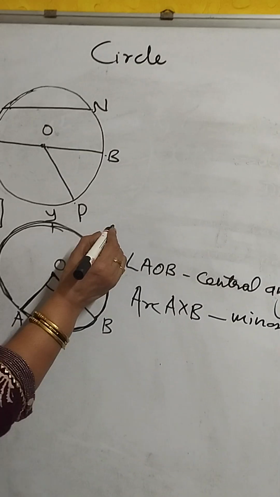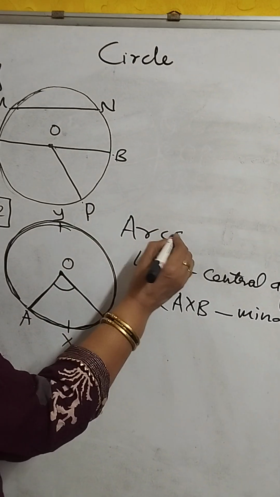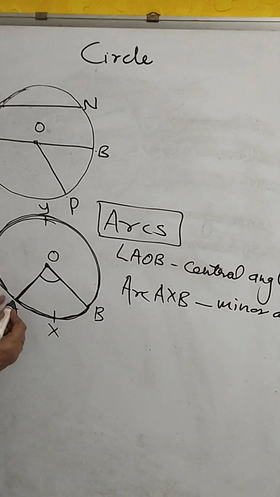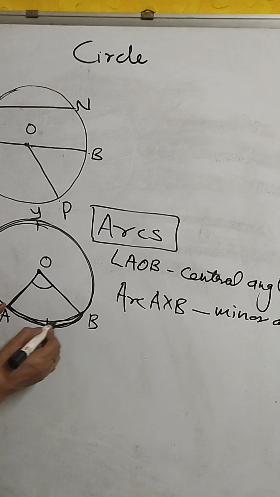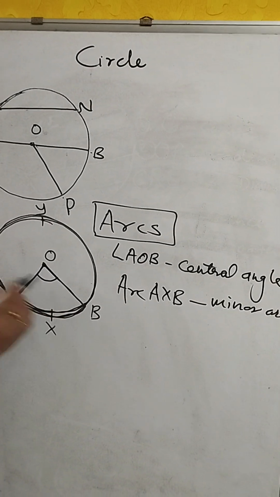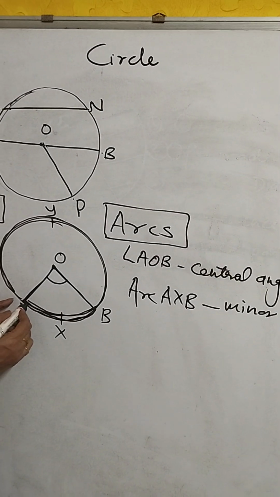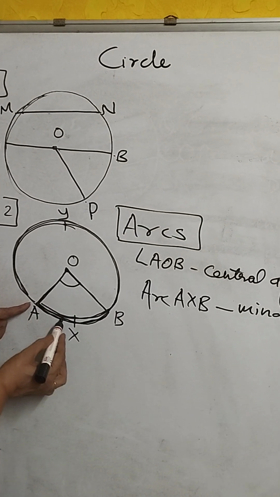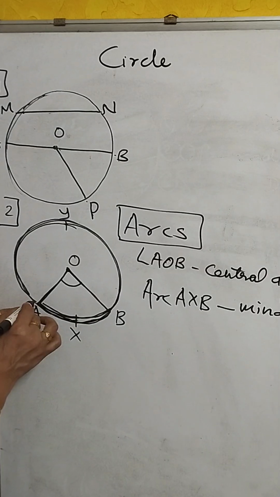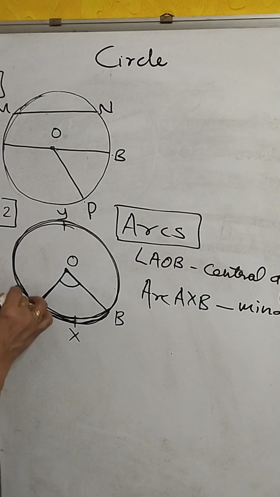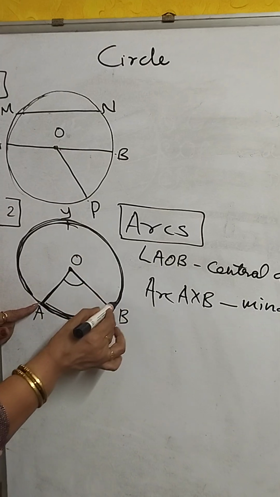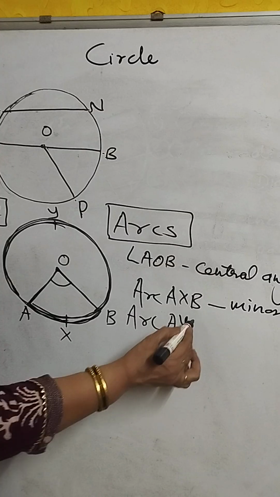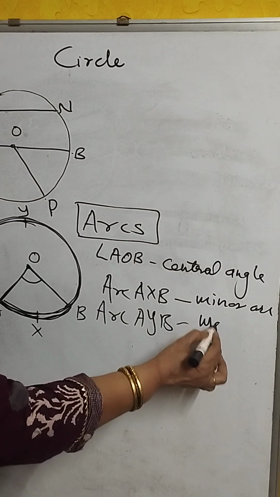In the second part we are going to study arcs. In these arcs, the arc whose measure is less than 180 is called a minor arc. The arc can be read as arc AXB. The arc whose measure is more than 180 is arc AYB, and arc AYB is a major arc.